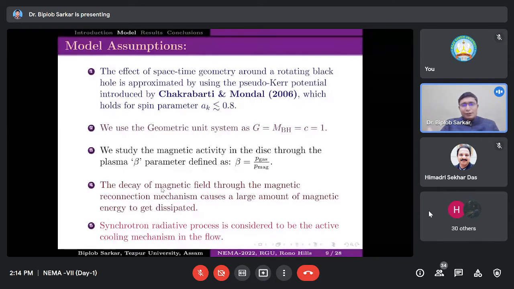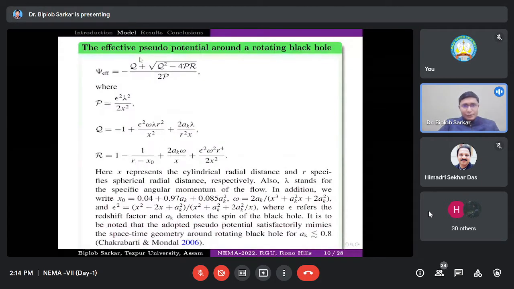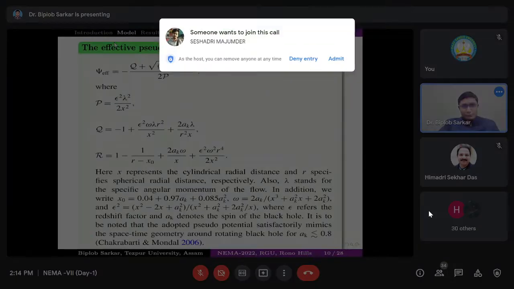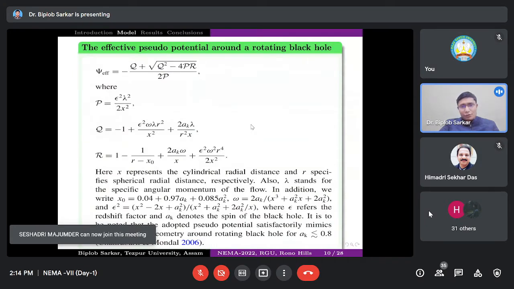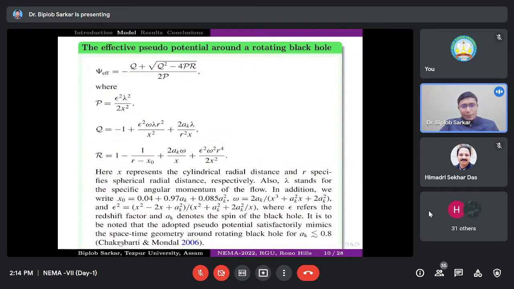So in the magnetized accretion flow, the electrons can effectively lose energy via the synchrotron radiative process. The synchrotron radiative process we consider to be the active cooling mechanism in the accretion flow. In this particular slide, I have shown the form of the effective pseudo-Kerr potential that we have used in our work. For more details on this pseudo-Kerr potential, I refer you to the paper by Chakrabarti and Mondal 2006.